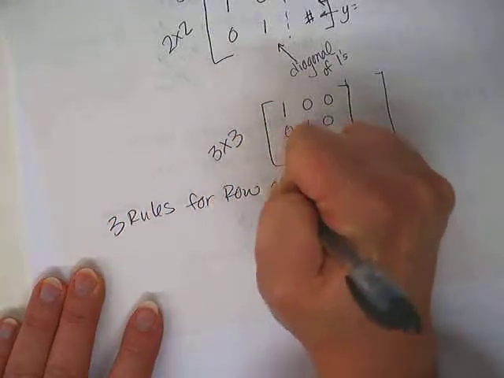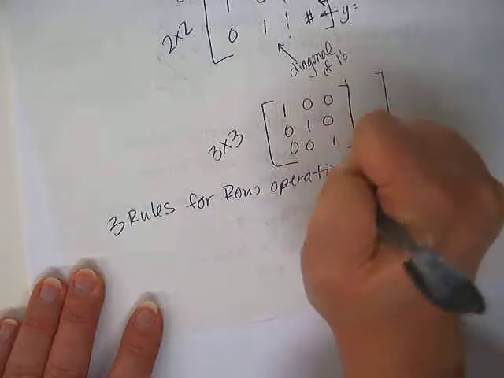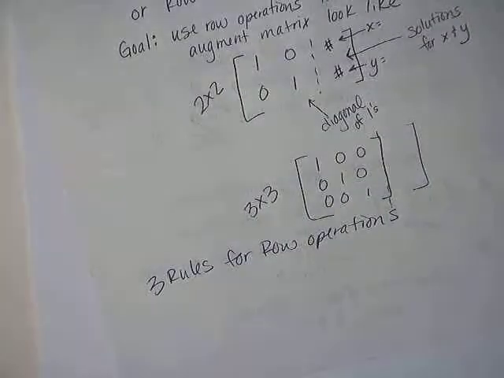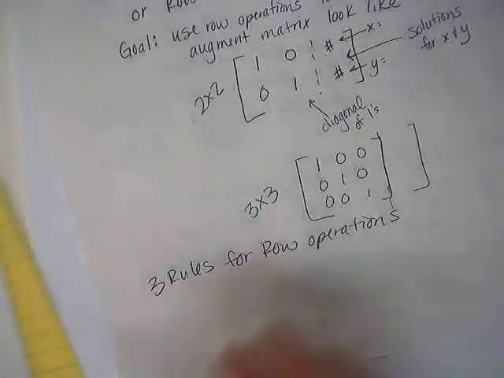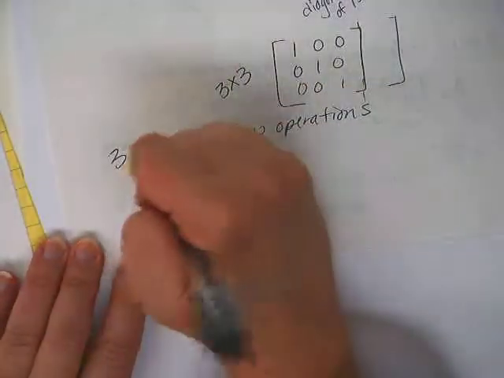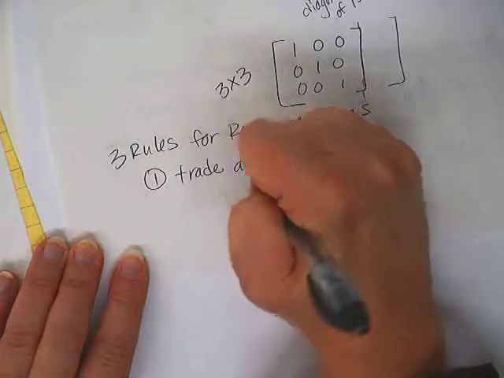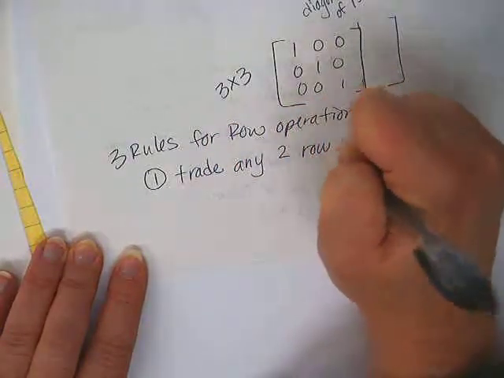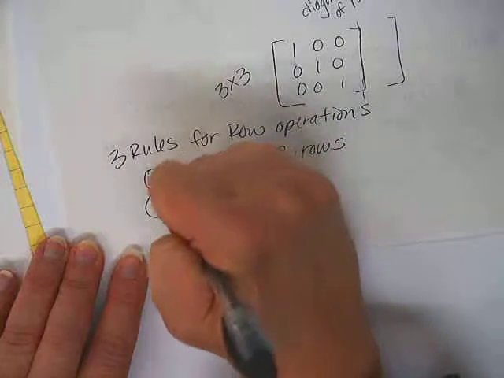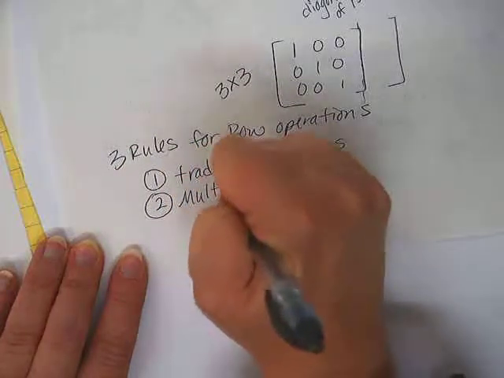Okay. So there's 3 rules for your row operations. Here we go. The 3 rules are: you can trade any 2 rows.